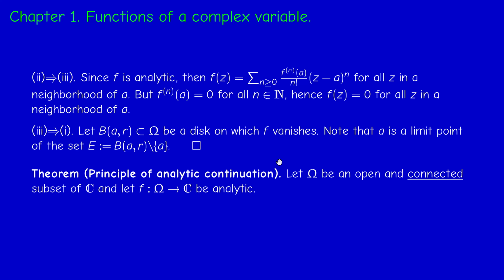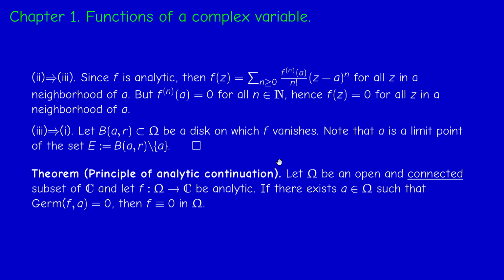So omega is one piece, if you like, and F is analytic on omega. If the germ of F at A is trivial, then F vanishes not only on a neighborhood of A, as we know from the previous proposition, but actually F vanishes on the whole domain.